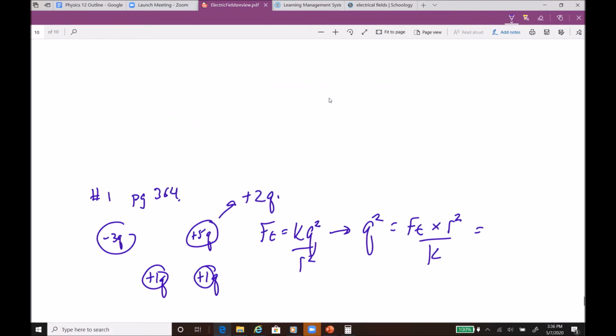The force is 8.1 times 10 to the minus 2 newtons. The distance is 1.5 meters, squared, over 9 times 10 to the 9. Okay, so what is that?